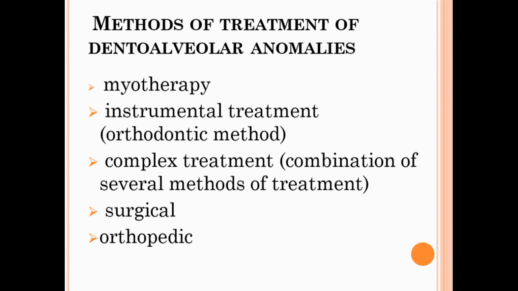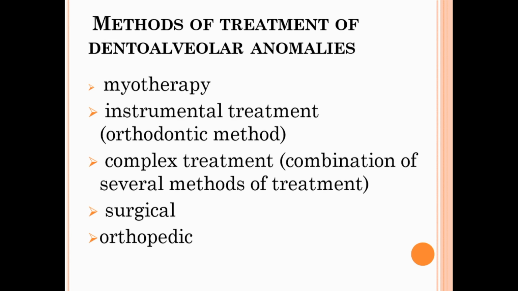Methods of treatment of dental-alveolar anomalies can be divided into 5 main types: myotherapy, instrumental treatment or orthodontic method, complex treatment. It is a combination of several methods of treatment, then surgical and orthopedic treatment.